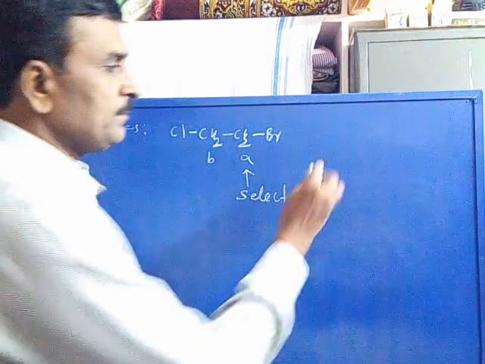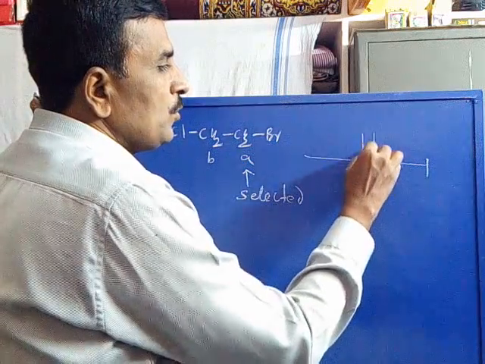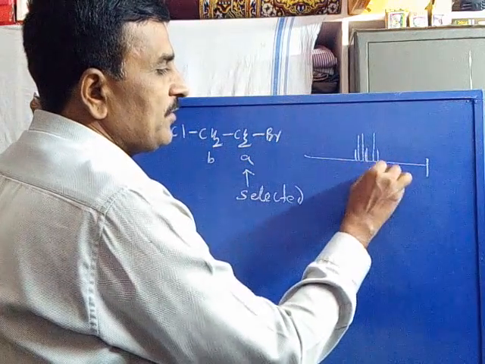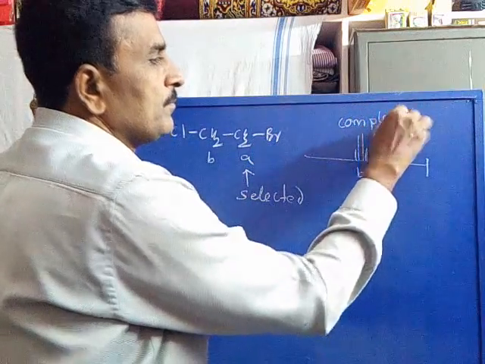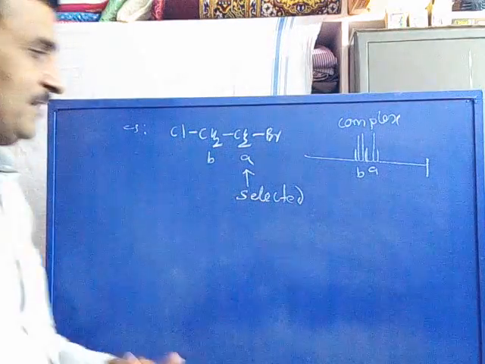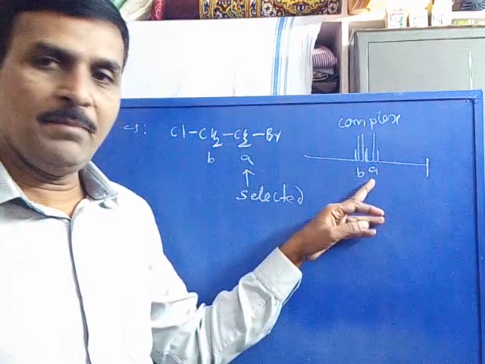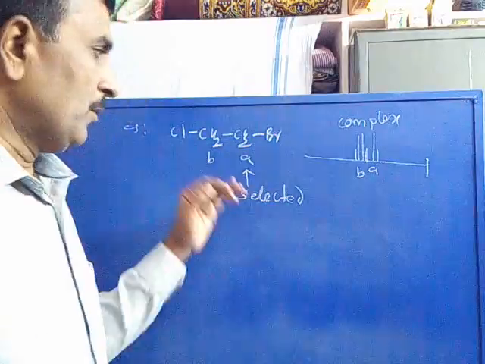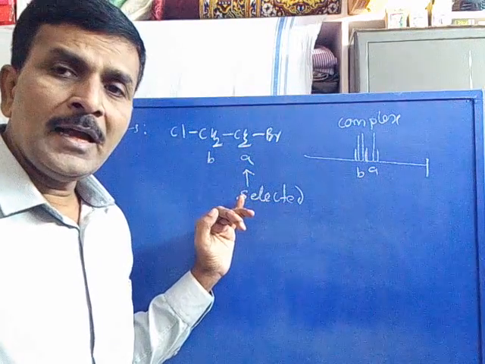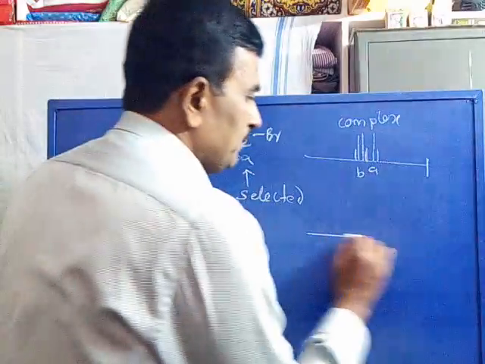Before selection, if we record its SFORD spectrum, the two signal multiplets of the A and B carbons, two triplets, get overlapped to give a complex spectrum. Now I select carbon A and record the spectrum.